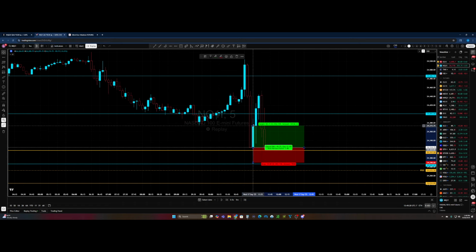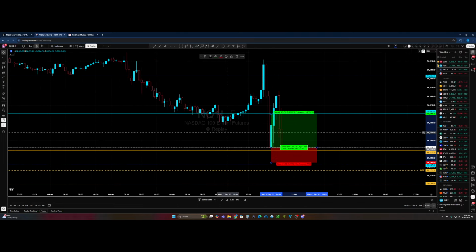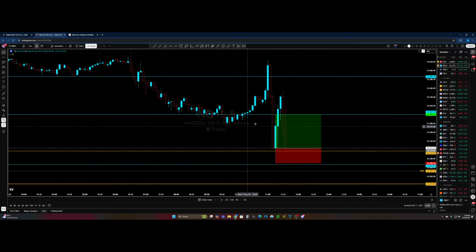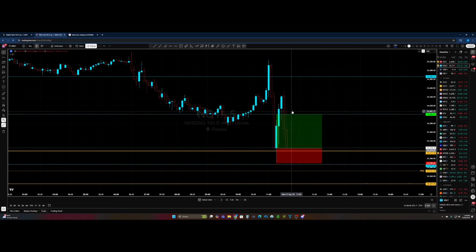So first trade right here. I have this level here that I drew prior to this price action. I would have taken profits here. Now, we take profits here right at the 76 mark. So you'd be taking profits at 76 points with around a 2 RR. Okay?